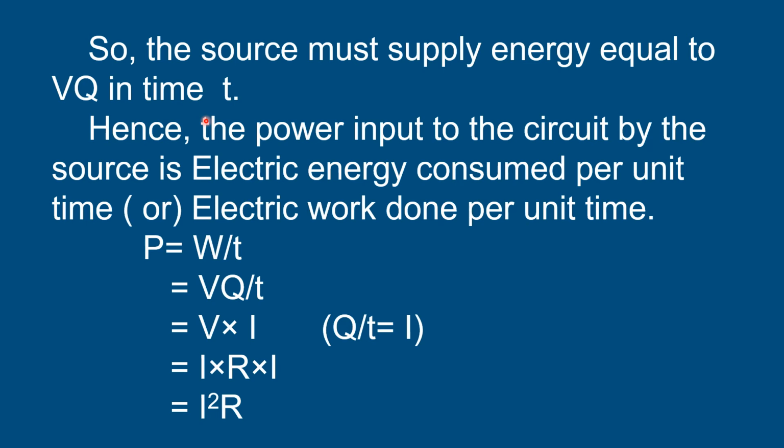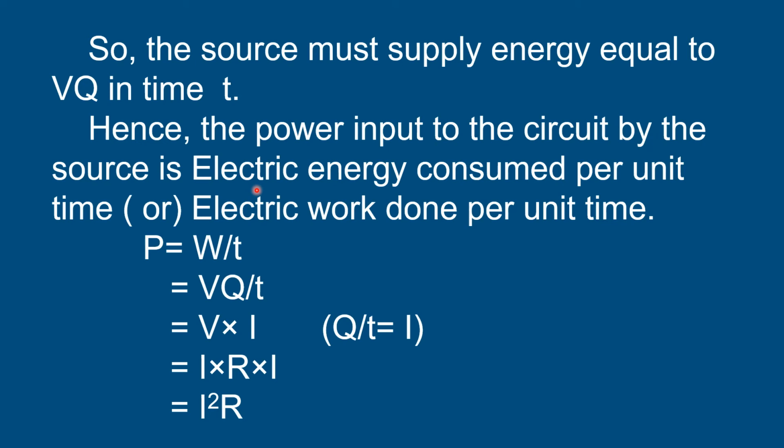So here the power input to the circuit by the source is the electrical energy consumed per unit time. So we can say that the amount of energy consumed in a unit time is being converted to heat energy.